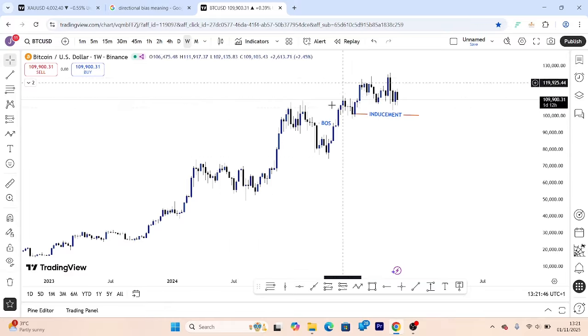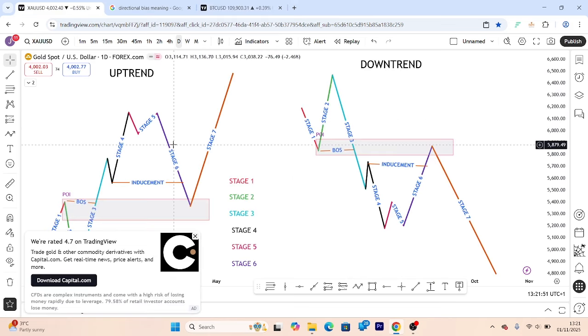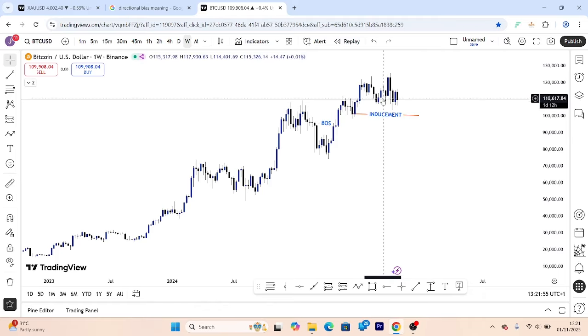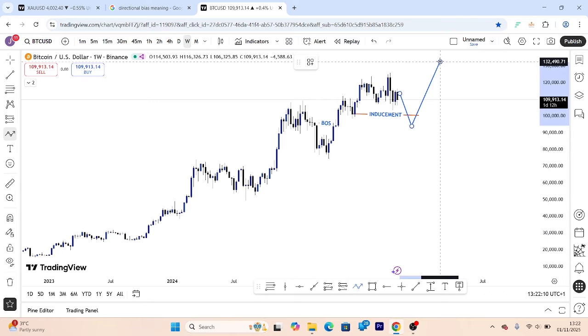From our understanding, which stage are we at? We are actually at stage 6. So right now we're looking at sales. You can see that stage 5 looks as if it has finished forming, so we're looking at price moving to the downside. Price is either coming here, breaking through this level and finally moving up, or from this level breaking this level, coming to this place and finally moving up.